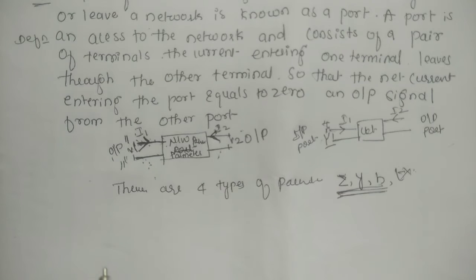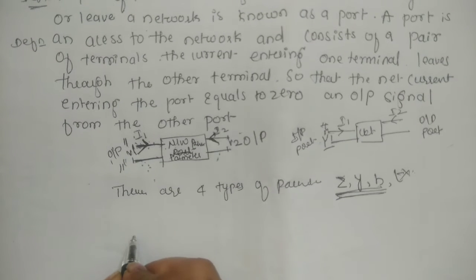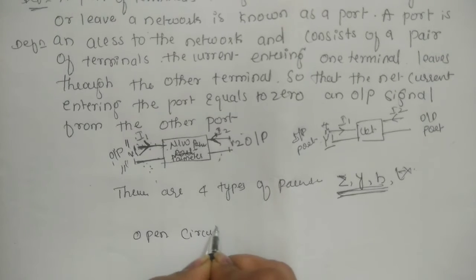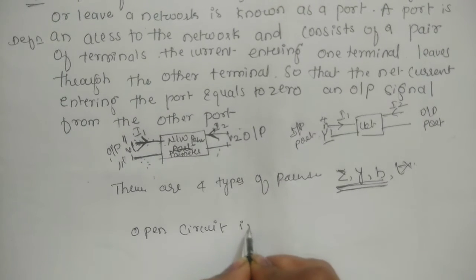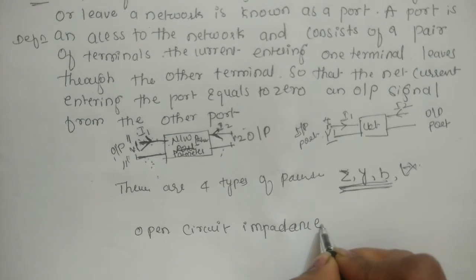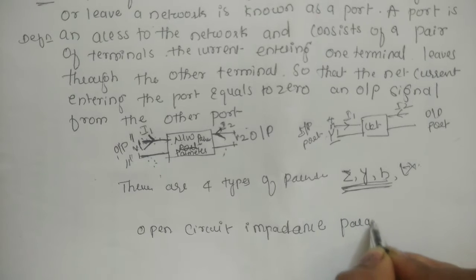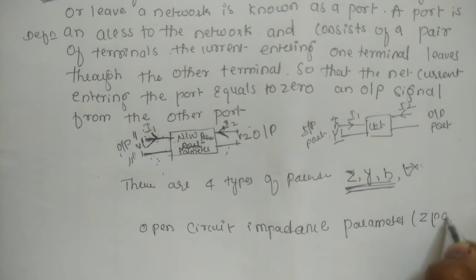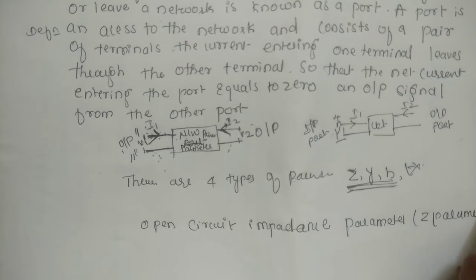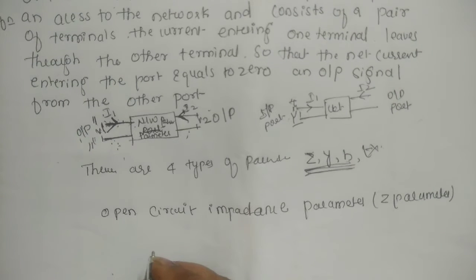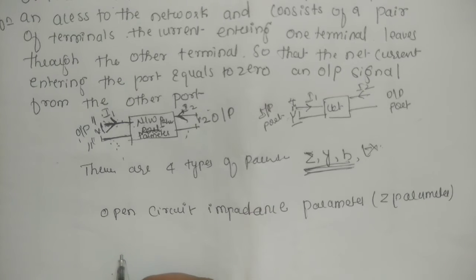We have to study about the open circuit impedance parameter, and we can call it the Z parameter.